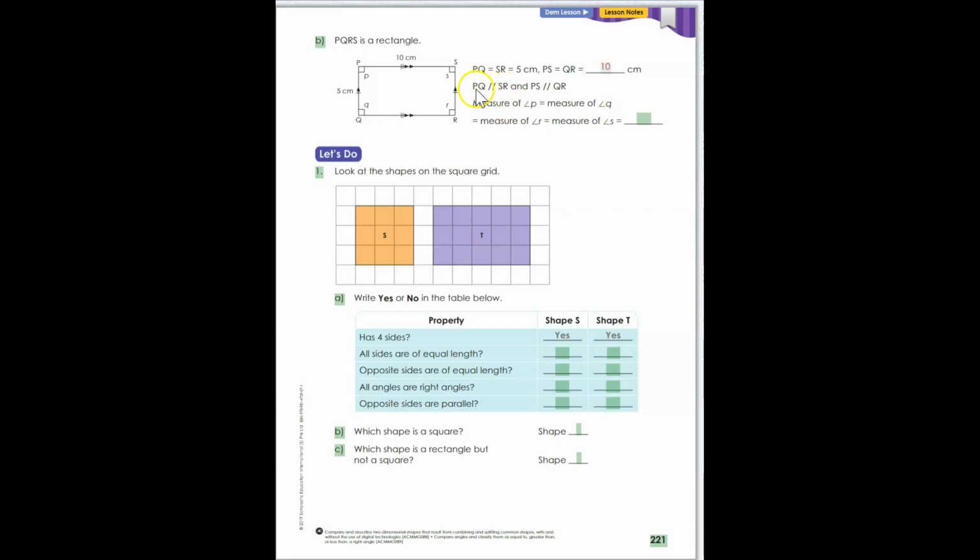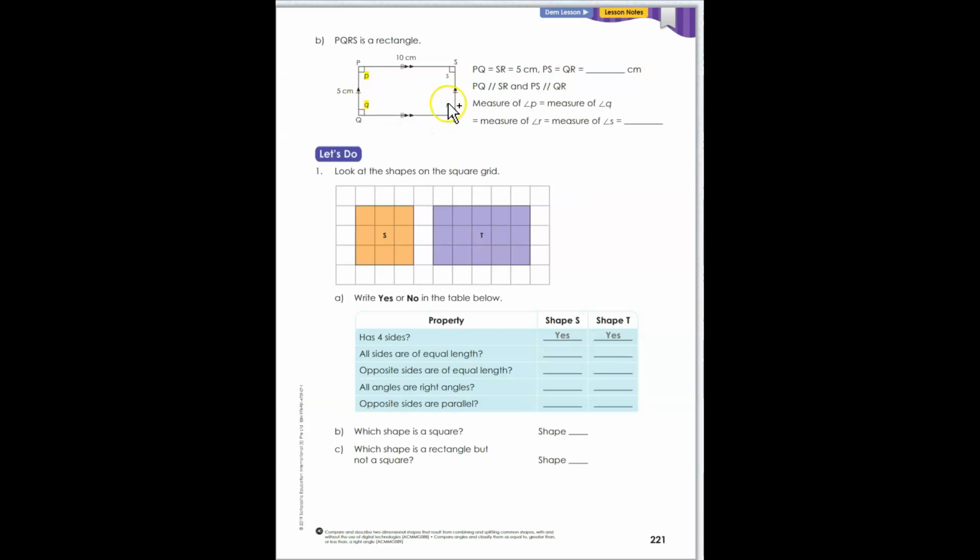Then we've got here PQ is parallel to SR. PQ, yep, we've got that arrow and that arrow for SR, that's parallel. And PS is parallel to QR. So we've got 2 arrows and 2 arrows. So the measure of angle P, so that's here, equals the measure of angle Q. And happily enough, they all equal the same because guess what?